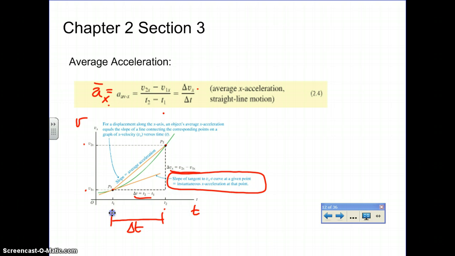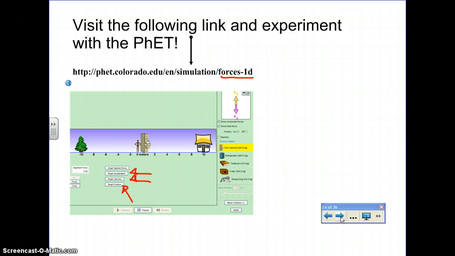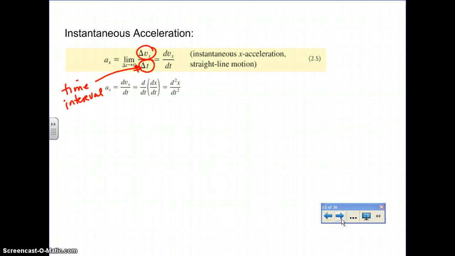It's such a significant amount of time that T1 and T2 are 2 very discrete, very distinct points. But what if those points were so close in time that it was an instant in time that was almost indiscernible, that you could almost not see that there were actually a starting time and an ending time, but it seems like just one instant in time? Well, that would lead us to understand instantaneous acceleration, which I think I mentioned in a previous video.